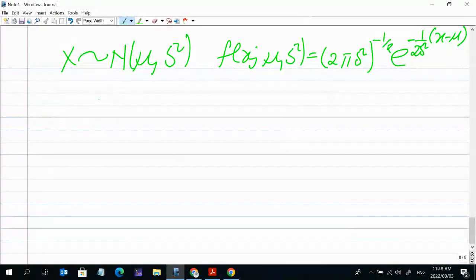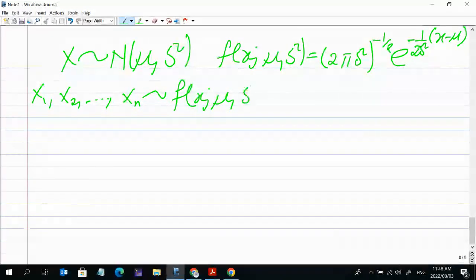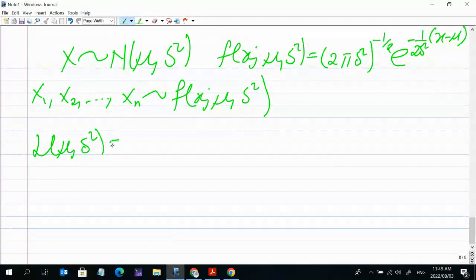So now we have a random sample of size n distributed with the same distribution function, and we want to find the joint function. That will be the likelihood function, which is the product of these marginals.